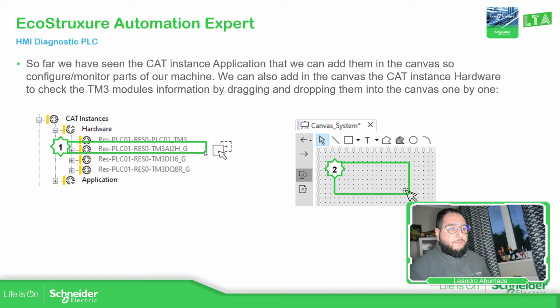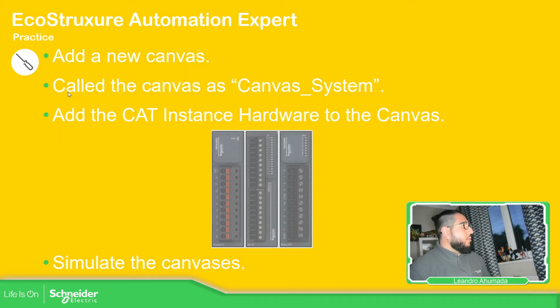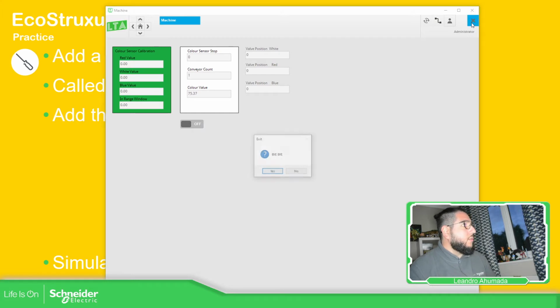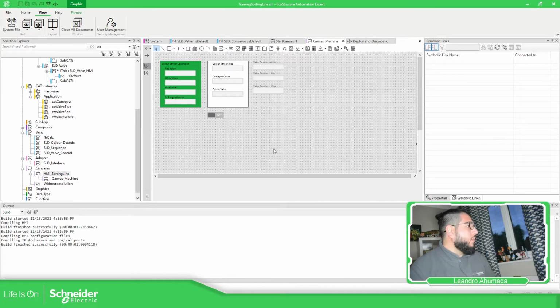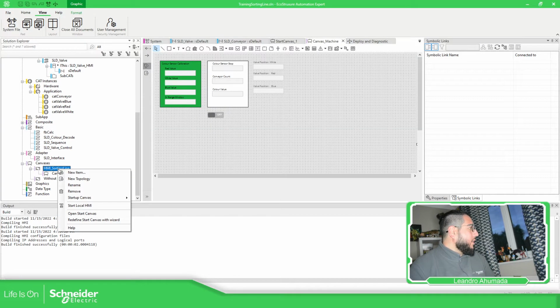So if we go to our CAD hardware in our solution, we should be able to drag and drop the TM3s. What we're going to do is create another canvas and call it canvas system, and then we just drag and drop each of the elements. So let's go to software, and there we go. Let's create a new canvas.